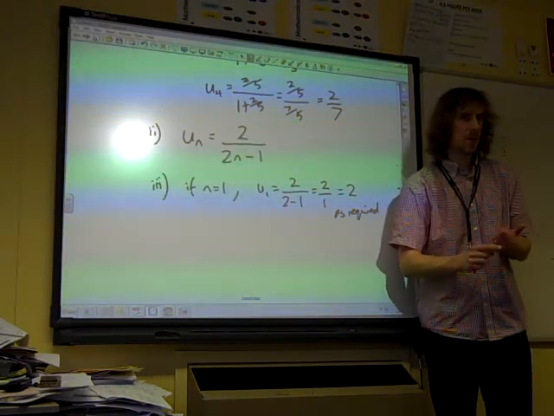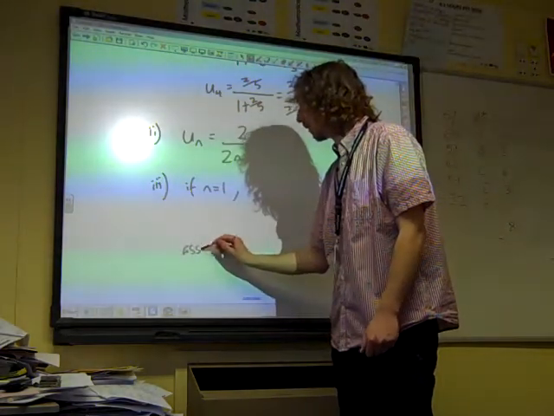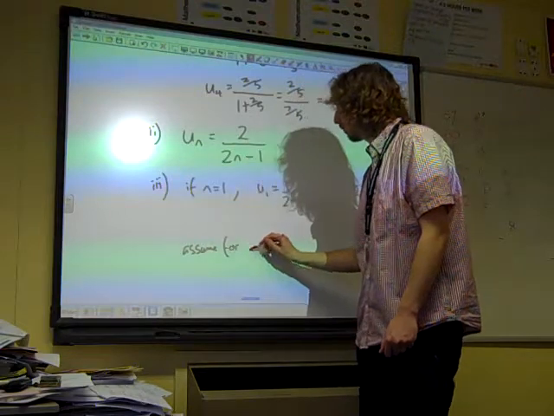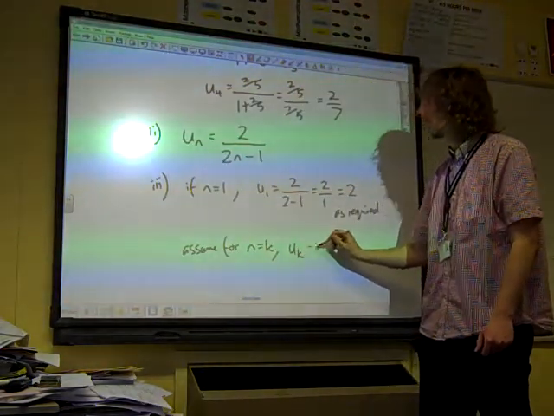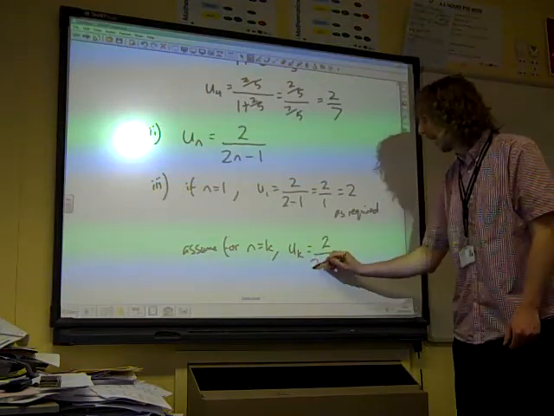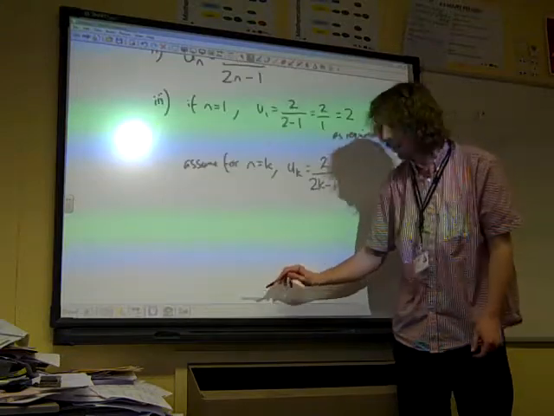What do we do next in proof by induction? Assume it's true for n equals k. So we're going to assume for n equals k that Uk is 2 over 2k minus 1. So that's stating our assumption. What do we need to do next?